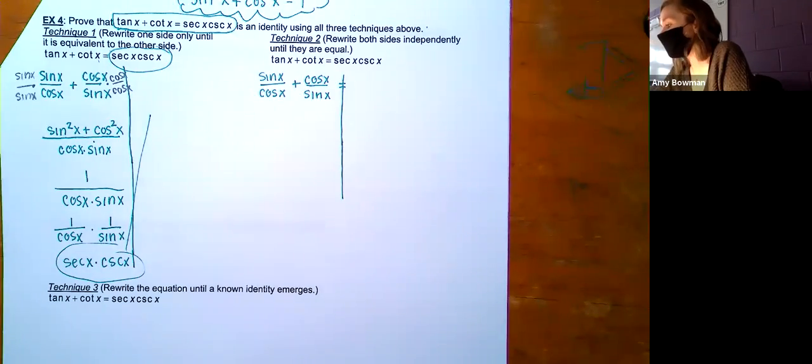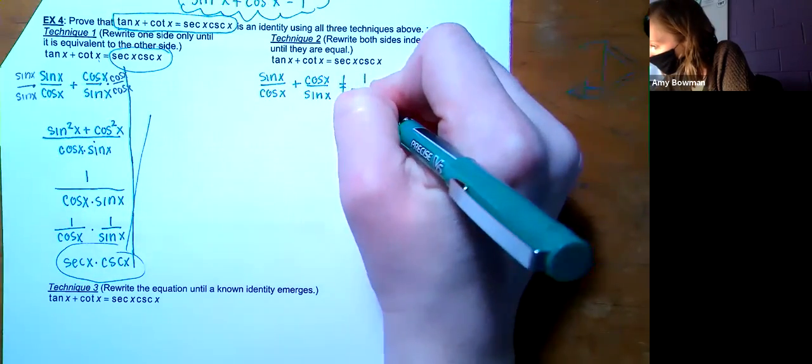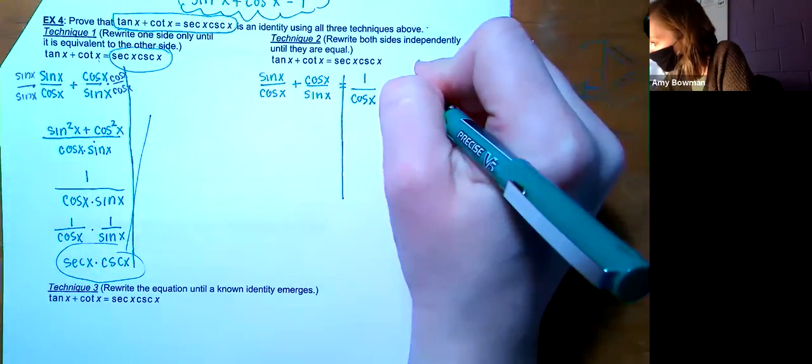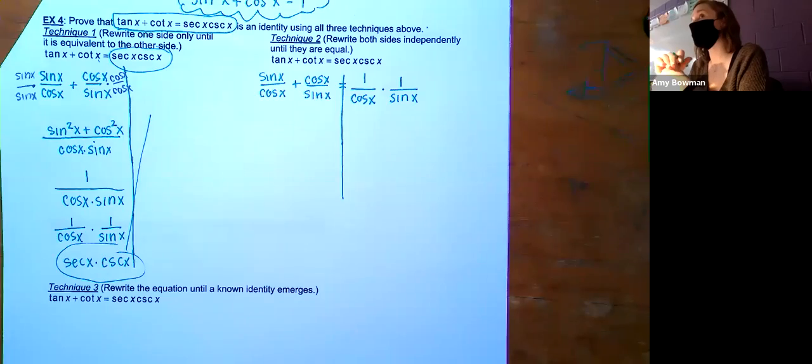What can I write there? 1 over cosine times cosecant, which is 1 over sine. So all we're doing is using those basic definitions that we know for our main trig functions, turning them all into sines and cosines.